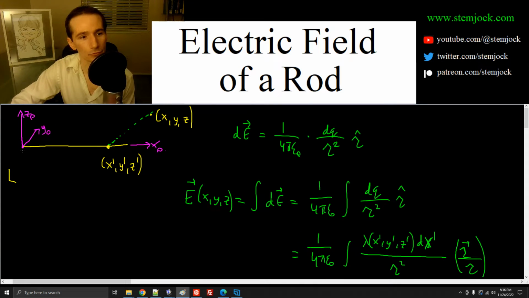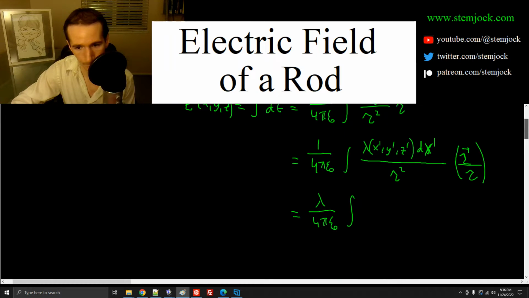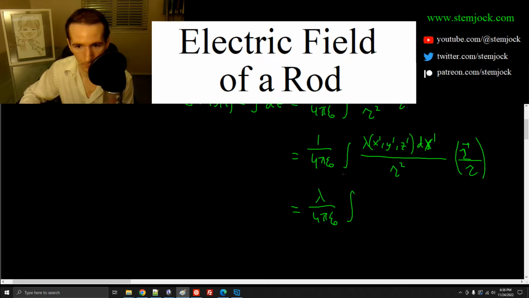So this charge bar, the smallest value of x0 is going to be 0, and the largest value is L. So these are my limits of integration. So this is from 0 to L, and now dx prime over r cubed times the vector r.